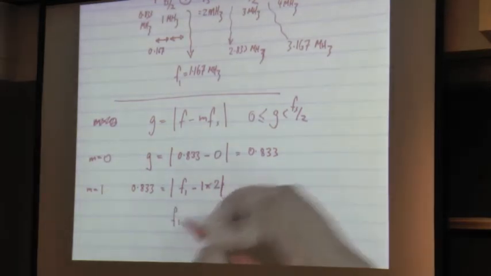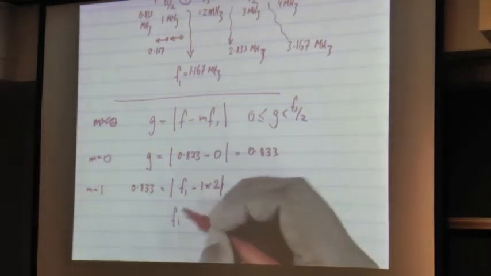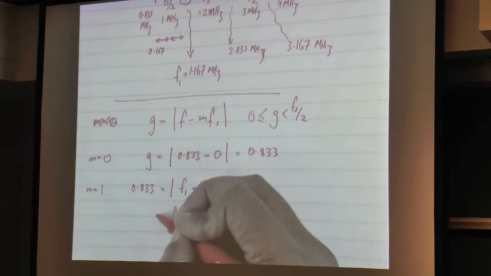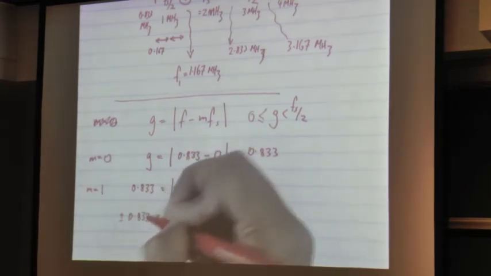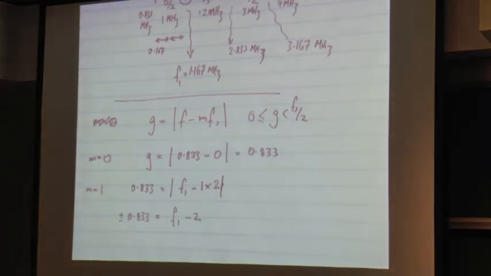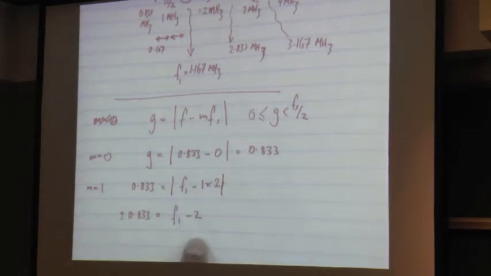This is saying that f minus 2 is equal to plus or minus 0.833, because there are two possibilities here. Because the absolute value is equal to 0.833, that means it could either be positive 0.833 or negative 0.833.